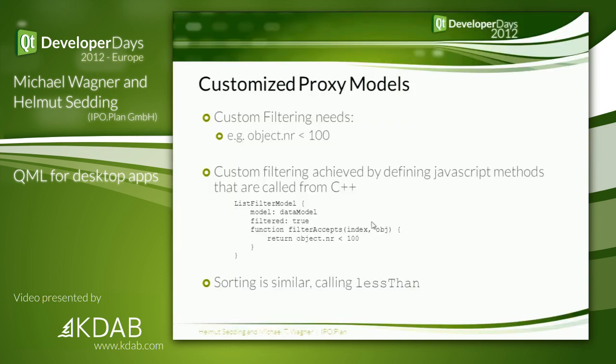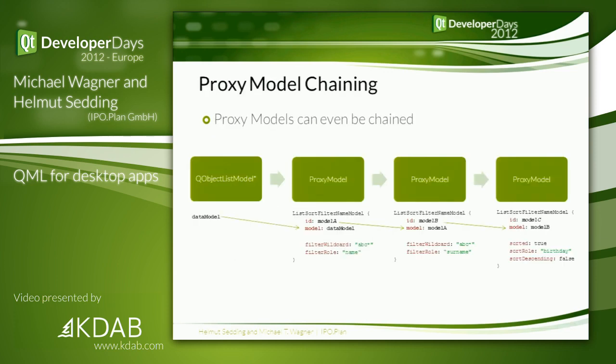So this function has a certain name, filter accept, which is called from C++, and then it returns a Boolean value whether it should be in the resulting list or not. We can do it similarly with sorting, with a less than function. So you define a precedence ordering for all your objects, and then you get the sorted list again.